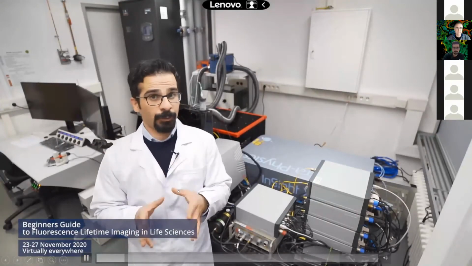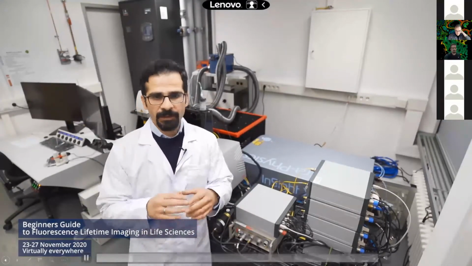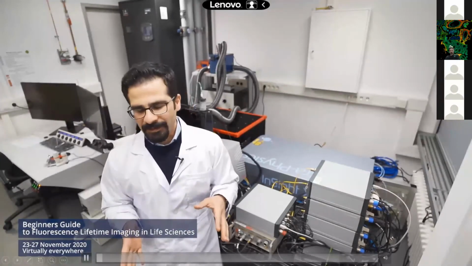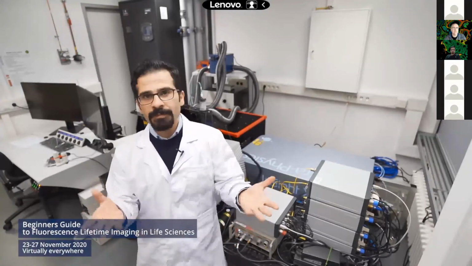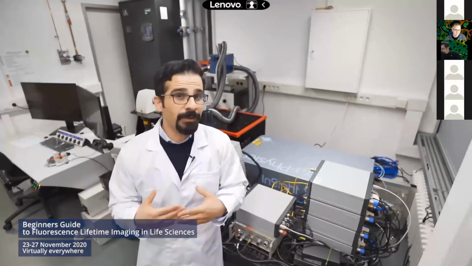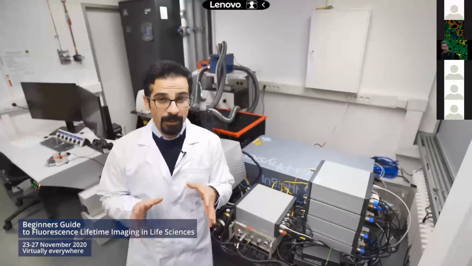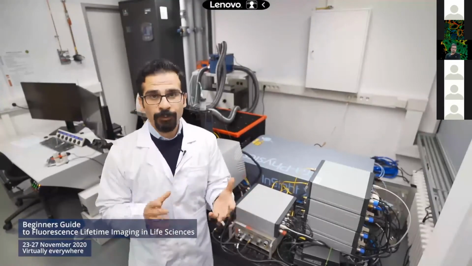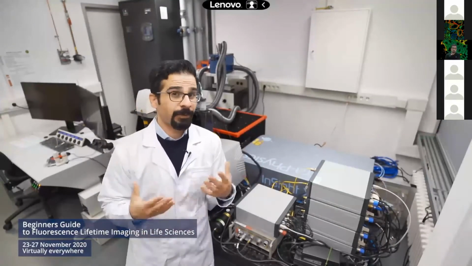There are two output lines, one fixed line at 1045 nanometer with an average power equivalent to a multi-photon laser. It's actually an infrared laser, but it turned out to be famous as a multi-photon laser because we use it for multi-photon microscopy. This laser offers two output lines, one fixed line at 1045 nanometer with an average power of larger than 3 watts.